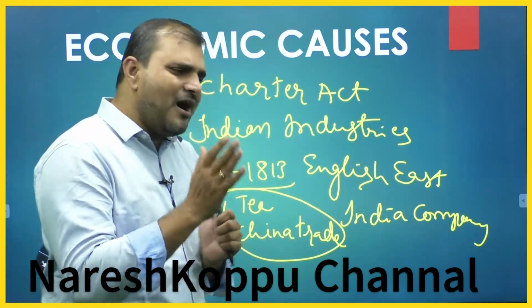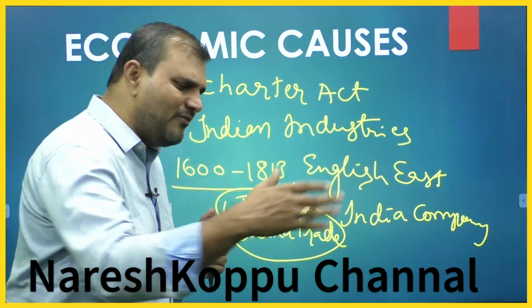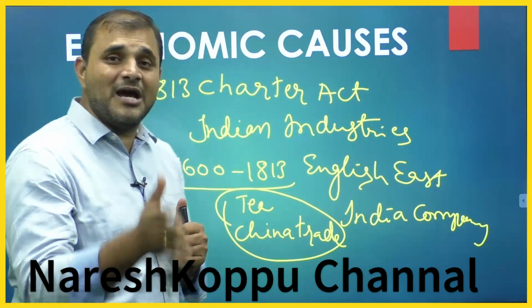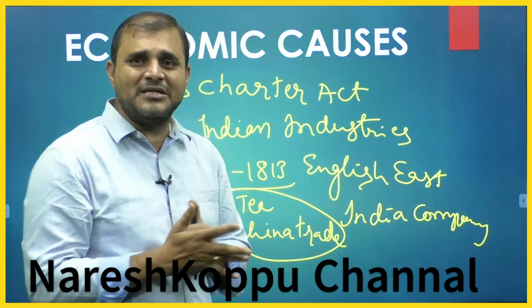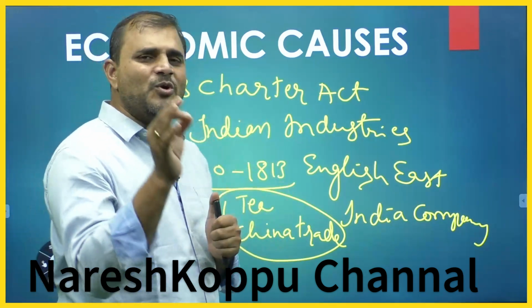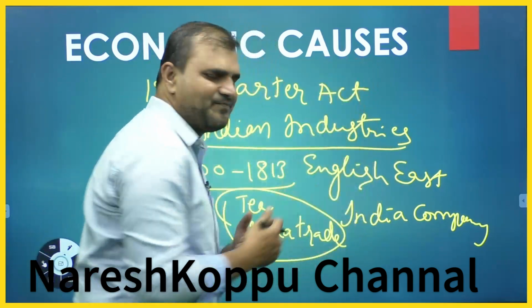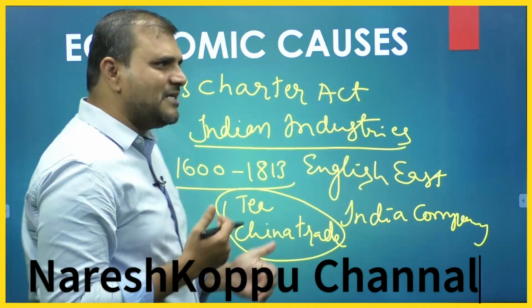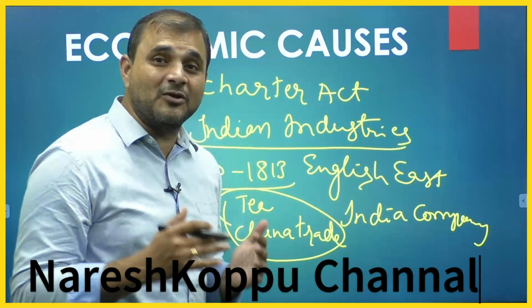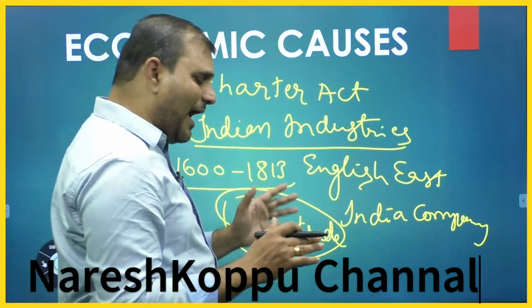So these many companies went one by one to village areas and tribal areas to collect the raw material. Indians were unable to get the raw material, so Indian industry started collapsing. At that period, we had only handicrafts, not machine made.